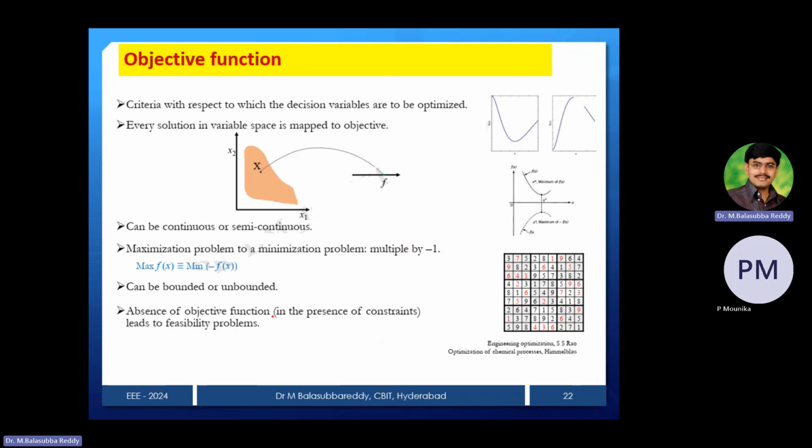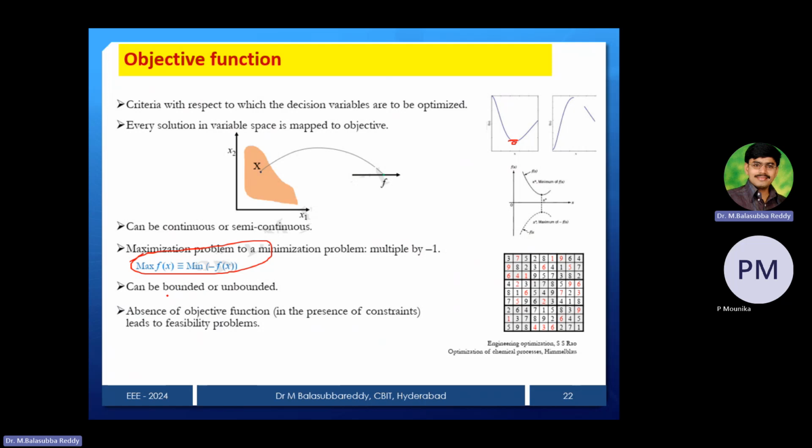We need to control the decision variables to get the minimum function value. If it is a maximization problem, you just multiply by a minus sign and we can minimize that function. We can easily get an optimization problem like that.